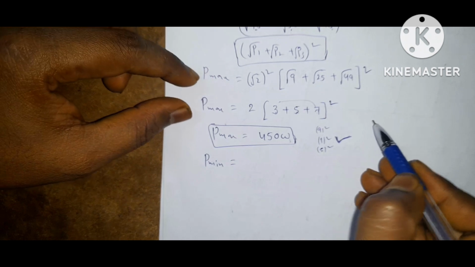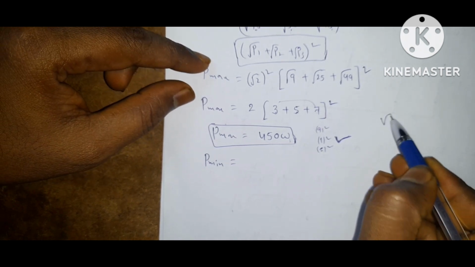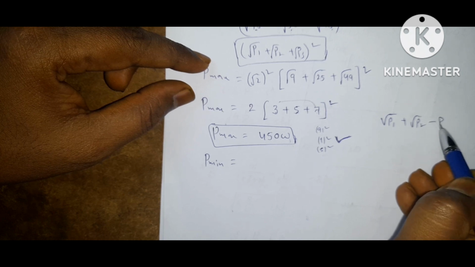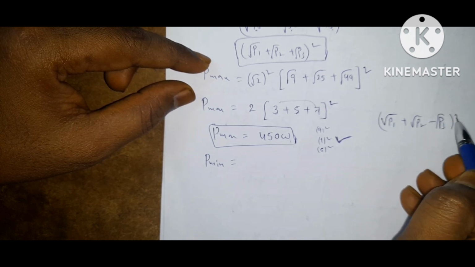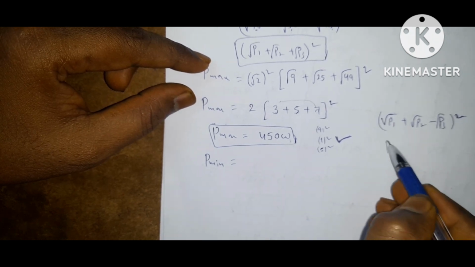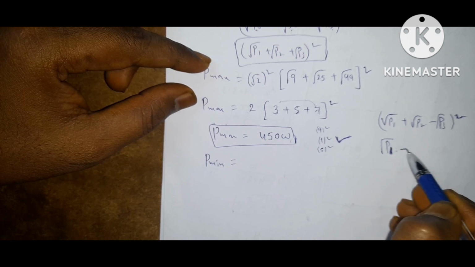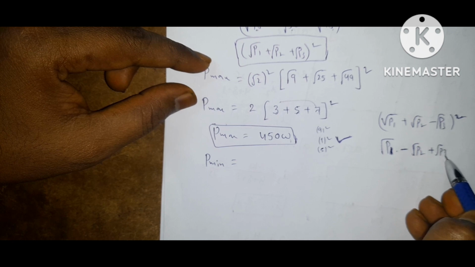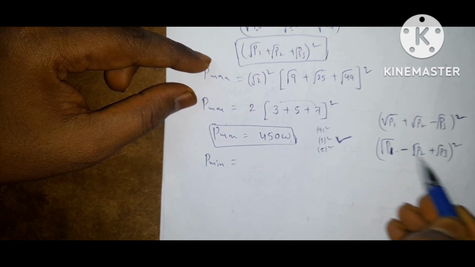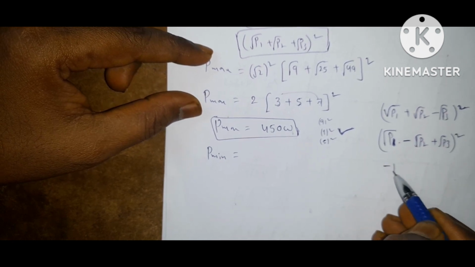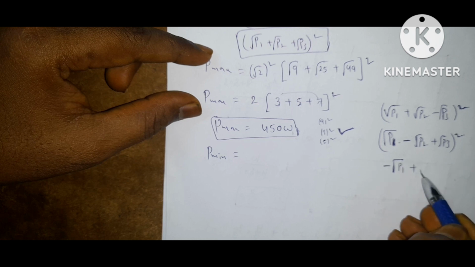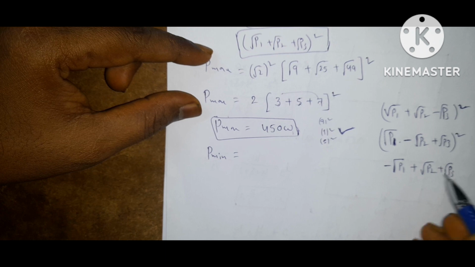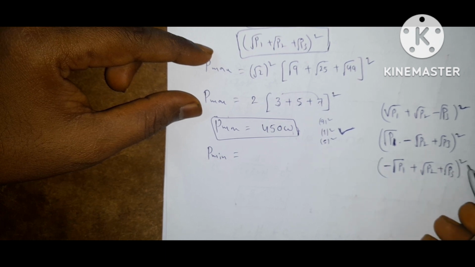So we have 3 cases here. What are those cases? Root P1 plus root P2 minus root P3 whole square, or root P1 minus root P2 plus root P3 whole square, or minus root P1 plus root P2 plus root P3 whole square.